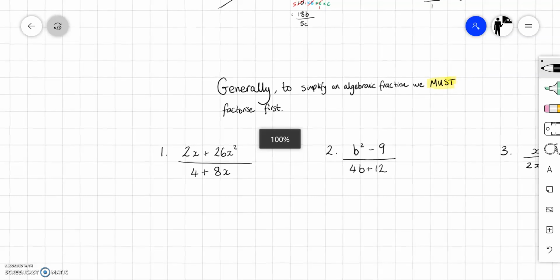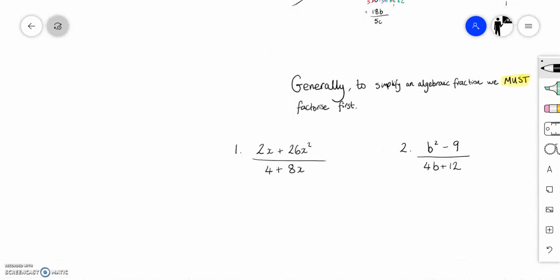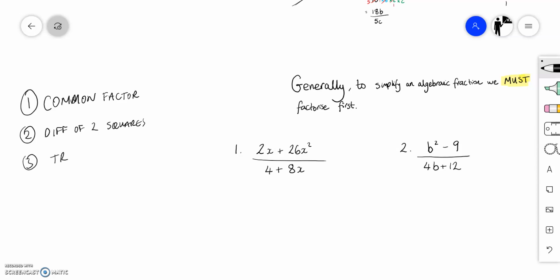Before we have a look at factorizing to simplify, remember when we factorize, there's a 3-step priority. Step 1, is there a common factor? Step 2, do we have a difference of 2 squares? And then step 3 is we'll factorize the trinomials.